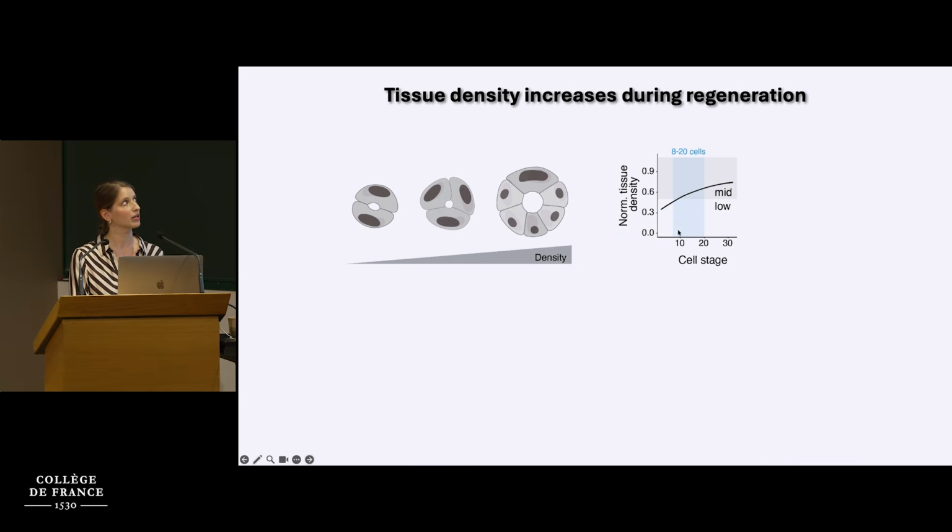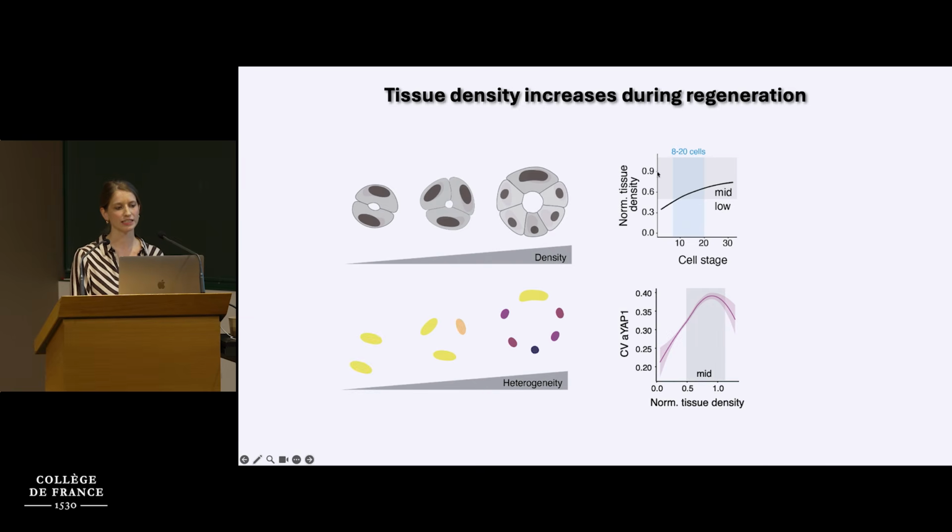Interestingly, cells reach what I call the intermediate tissue density, which is exactly when the first delta positive cell is getting specified. Importantly, this also marks the moment where cells are present in the most heterogeneous state, shown as a peak in the coefficient of variation of YAP compared to normalized tissue density.